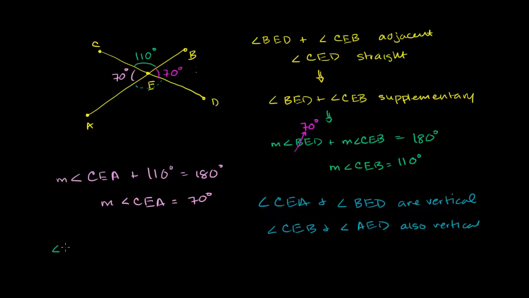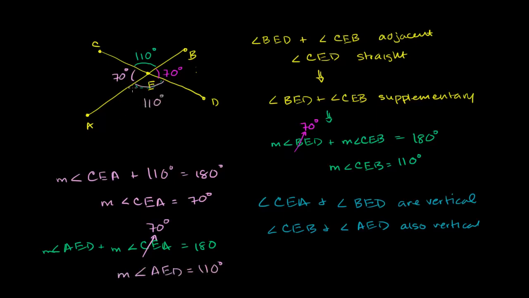The measure of angle AED plus the measure of angle CEA must equal 180 degrees. We know the measure of CEA is 70 degrees. So you subtract 70 from both sides, and you get the measure of angle AED is equal to 110 degrees. So we got the exact result that we expected.